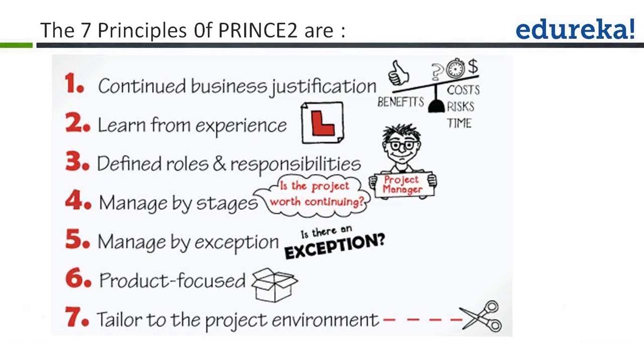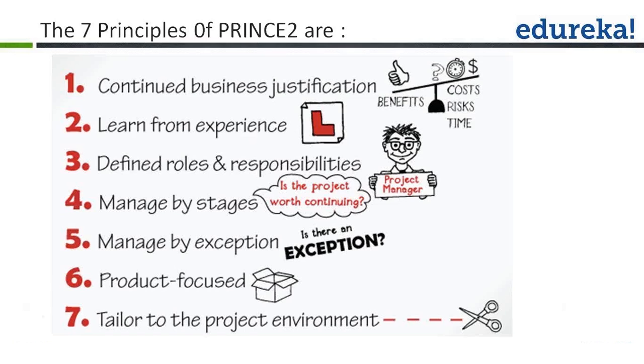This helps in early identification of the risks and prevents the recurrence of the same problem. As work progresses on the project, lessons are collected, recorded in relevant logs, and acted upon throughout the project life cycle. So the project starts with a collection of lessons learned so that you don't make the same mistake again in the new project.